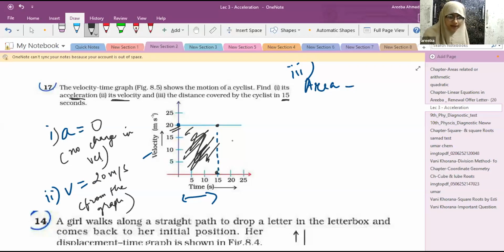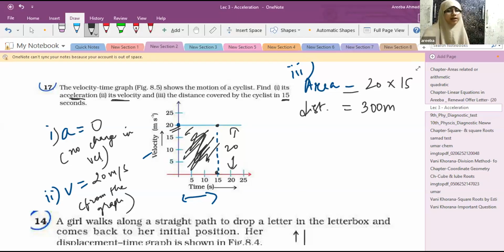Having breadth as 20, the velocity part, and the length part is 15. So y-axis into x-axis. Area is 20 into 15, which is 300 meter. The distance is 300 meter.